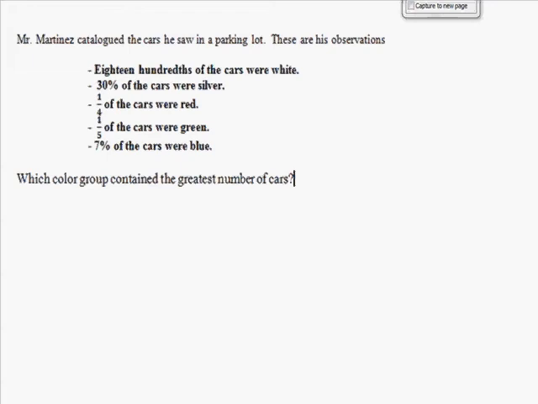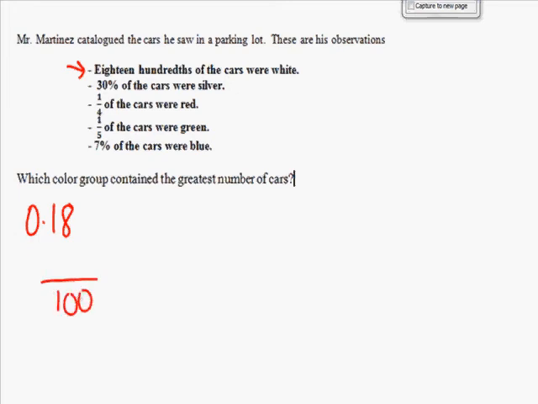So let's take a look at this first one, where 18 hundredths of the cars were white. How can we convert that into a percentage? Well, 18 hundredths, that's a decimal, so it's written as 0.18. Hundredths tells me that the denominator is going to be 100.